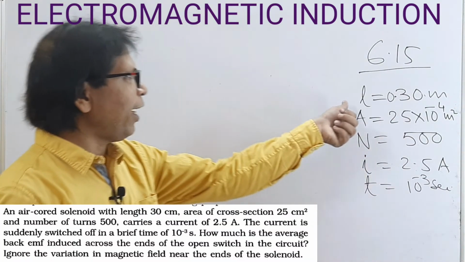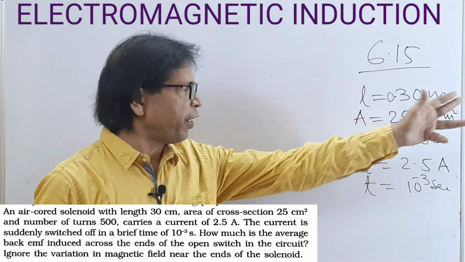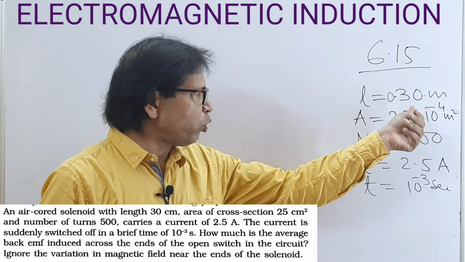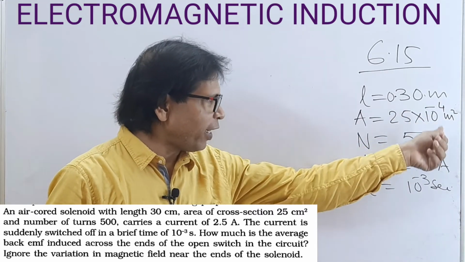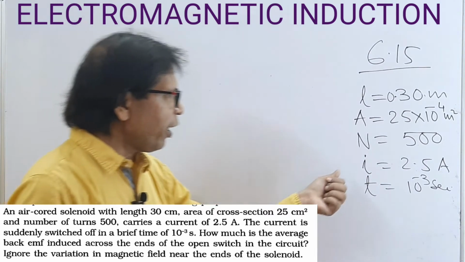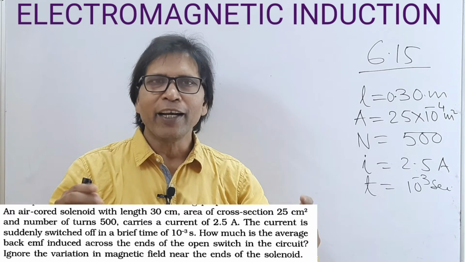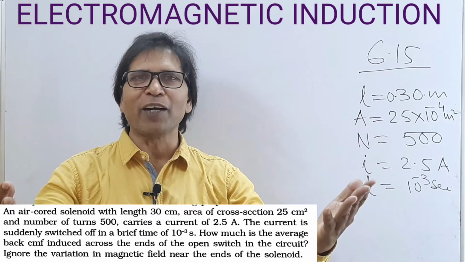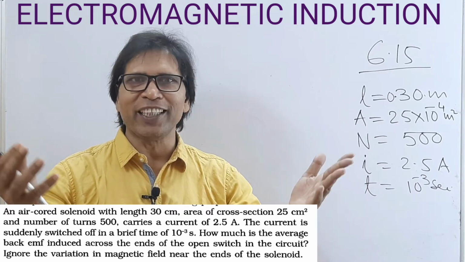Look at this, the length of a solenoid is 0.30 meter and its area of cross section is 25 into 10 to the power minus 4 meter square. The number of turns in it is given. Now the current flowing is 2.5 ampere in it. Now suddenly the switch is off. We have to calculate the magnitude of back EMF induced in it.